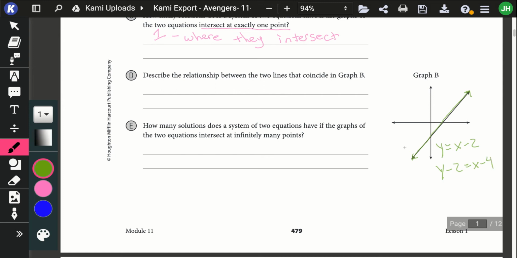These two lines look to be the same, right? So what's the relationship between the two lines that coincide? They are the same.